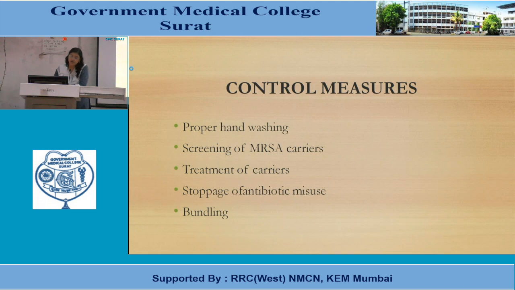Hand washing properly in all the 6 steps, if followed, is the most effective tool against infection control of any kind of infection in the hospital or in the community. So proper hand washing is the most effective tool to control hospital-acquired infections, MRSA infections, and community infections.